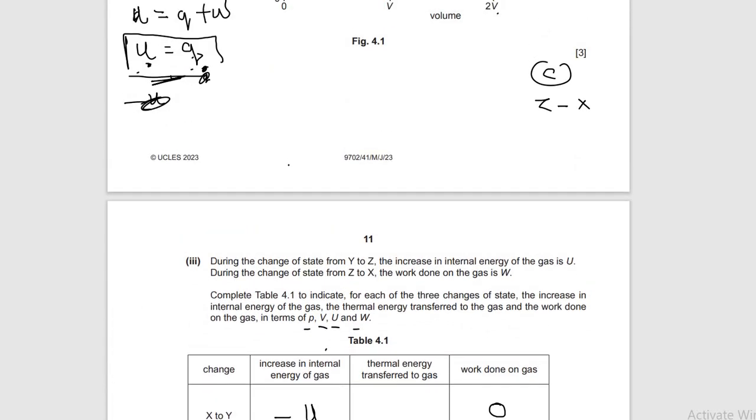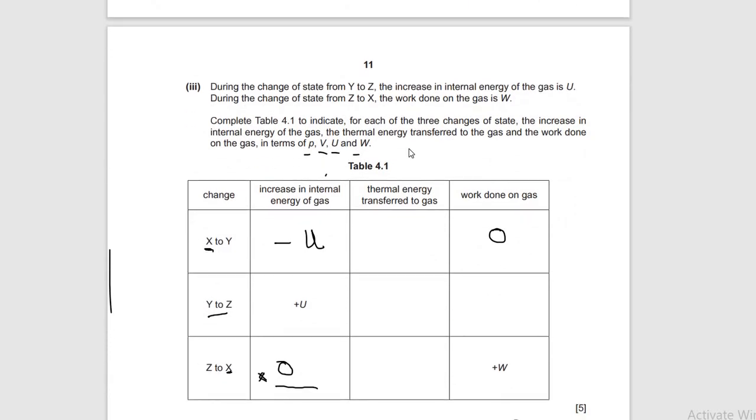Minus W, since internal energy and the heat are equal. So the heat thermal energy is also minus W. This is key. Please pay attention to it.